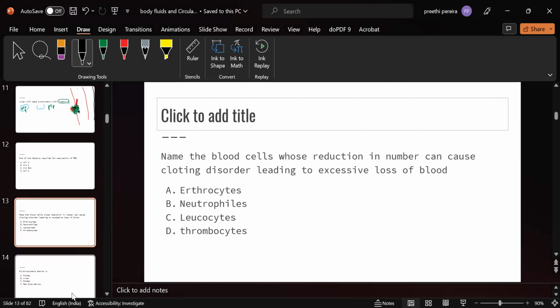Name the blood cells whose reduction in number can cause the clotting disorder leading to excess loss of blood. Which blood cell is that?